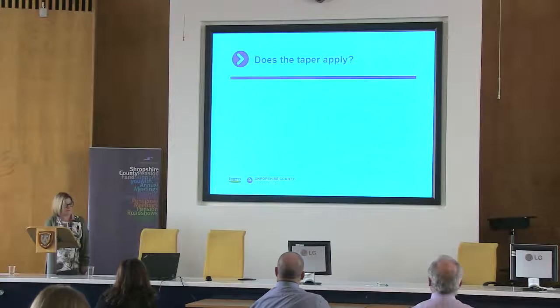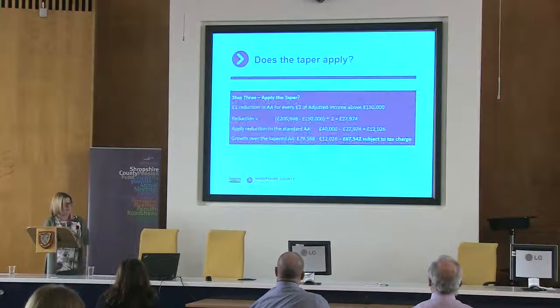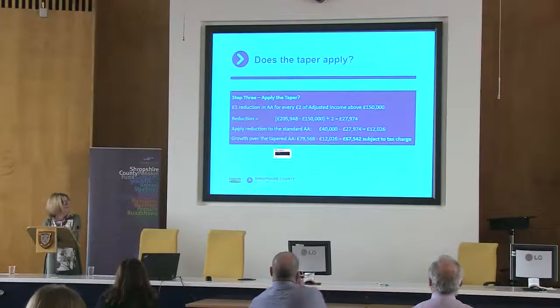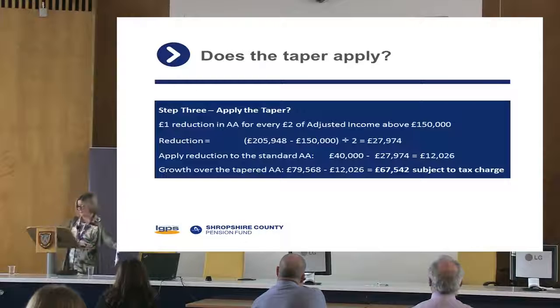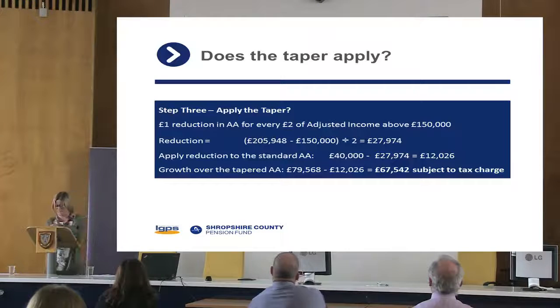But this person hasn't. So, step 3 is to apply the taper. So as a reduction in the annual allowance of £1 for every £2 of adjusted income which is above the £150,000, you need to take the individual's adjusted income less the £150,000 and divide that amount by 2.